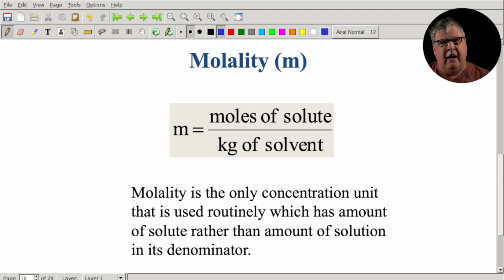Okay, now, here's the strange thing. If you were to take a course that focused exclusively on SI units, molarity is the SI unit of concentration. Okay, because it uses other SI units of measurement.